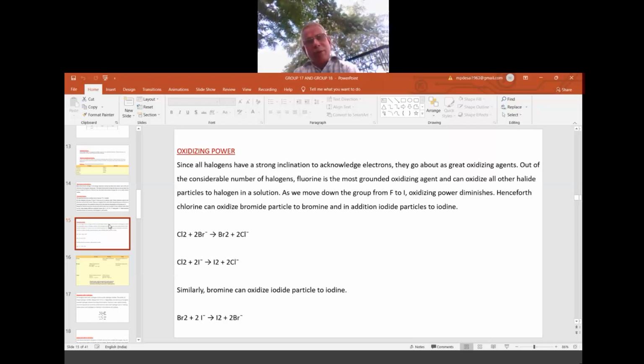Because the 17th group is on the extreme right, excluding the 18th as we don't consider its reactivity, they are the best oxidizing agents on the modern periodic table. Among them fluorine is the best because it quickly accepts the electron. Therefore, the best oxidizing agent is fluorine.